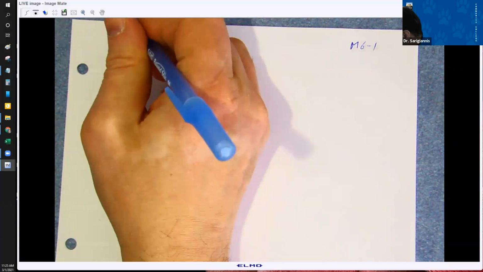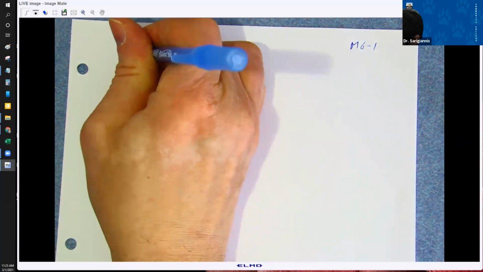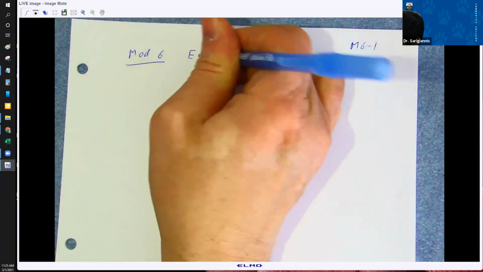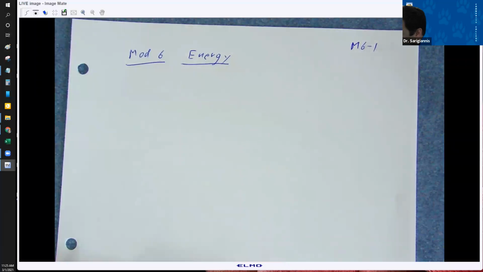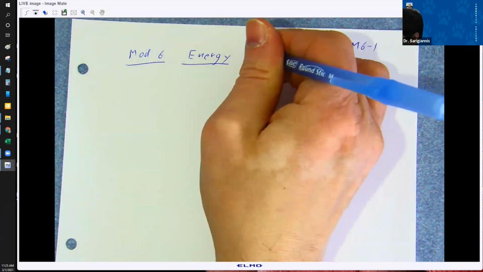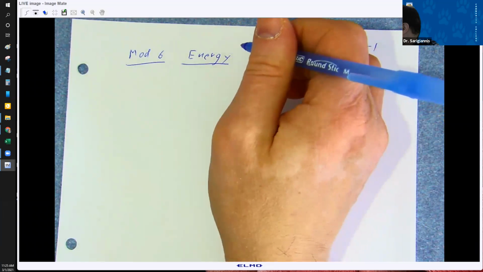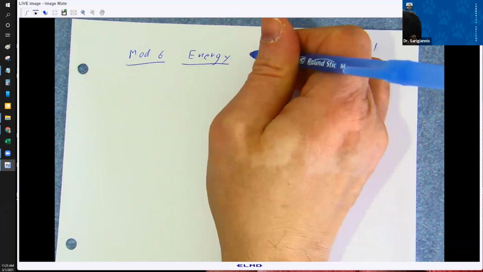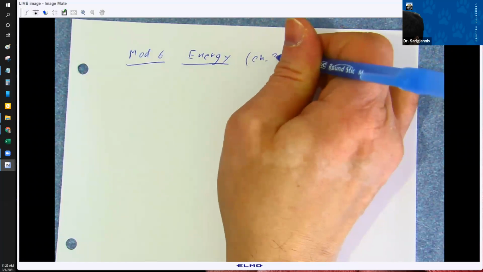And this is really not that far from what we were just talking about, forces. Let me just put mod 6, energy. This is also chapter 3 still, or no, sorry, this is chapter 3. All the stuff we just covered, module 4, I forgot how I split it up. Module 5 was chapter 2, as was module 4. This is now chapter 3 in your textbook.